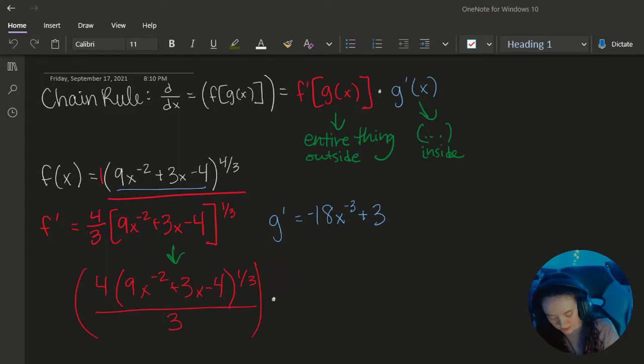I tend to leave my parentheses just in case. In this case, you cannot multiply out your 4/3 because everything is attached to a variable.